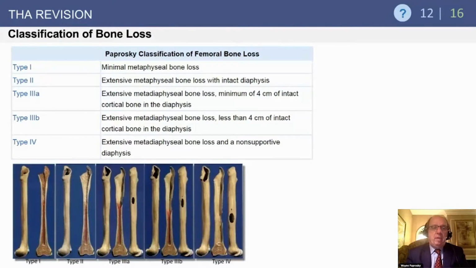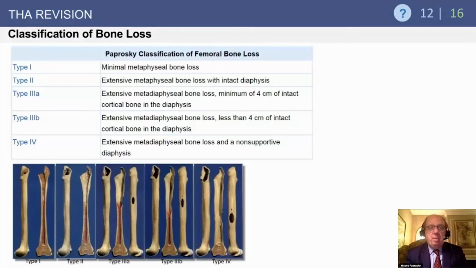Again, minimal metaphyseal bone loss of type 1, any implant can be used. Type 2 is metaphyseal bone loss only, which means you have a completely intact diaphysis, short diaphyseal implant. A 3A means you are now involved in the diaphysis. We're now going to go with a longer stem. We have 4 centimeters intact, so we can use a cylindrical stem.